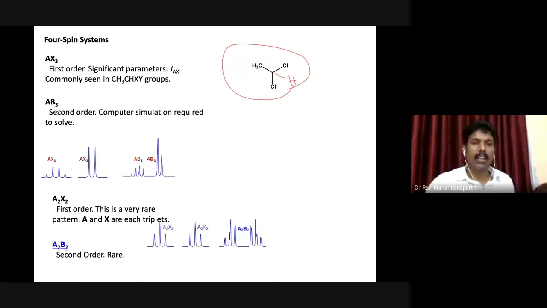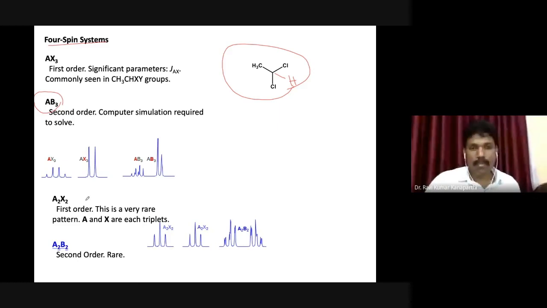Again, AB3 system is also a 4-spin system, and it is second order. A2X2 is also possible, where two equivalent protons have two adjacent equivalent protons. That is also a 4-spin system.